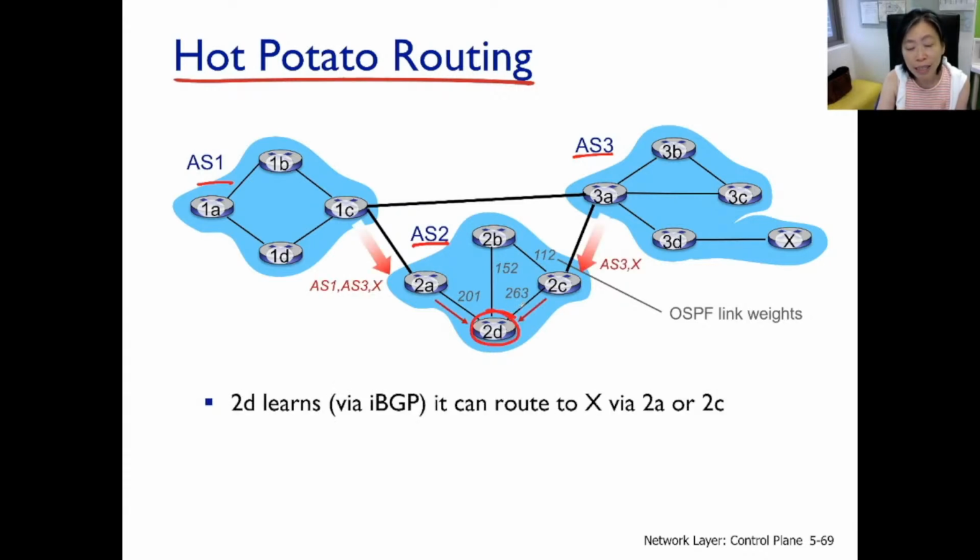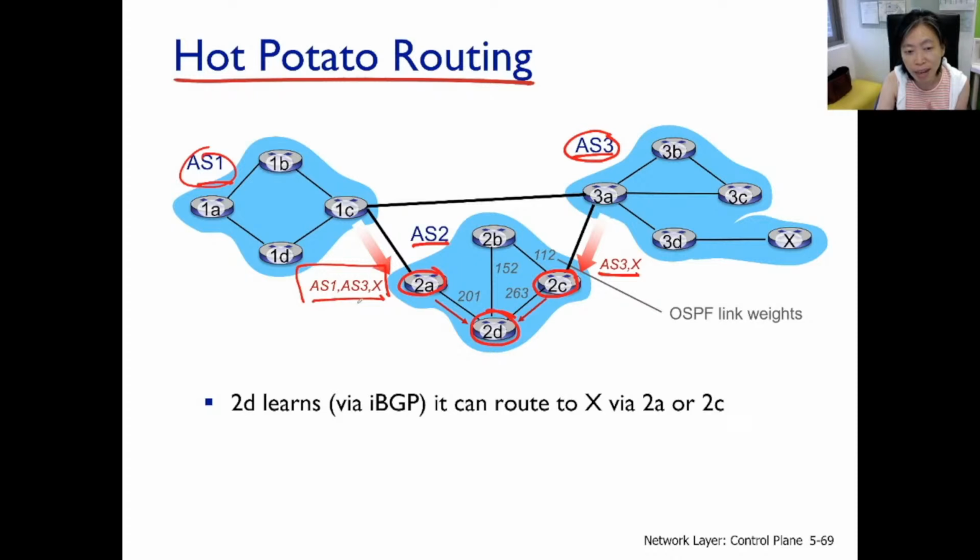So the router now in the limelight is now 2D. 2D here actually sees 2 AS paths. One AS path is actually coming from 2C. 2C is the gateway router connecting to AS3, which receives a path to X: AS3, X. 2A is the gateway router connecting to AS1, where AS1 is passing another AS path to AS2.